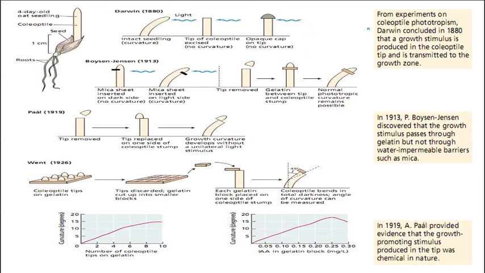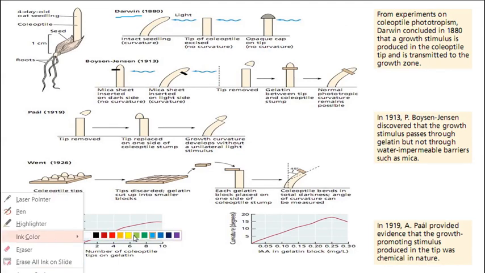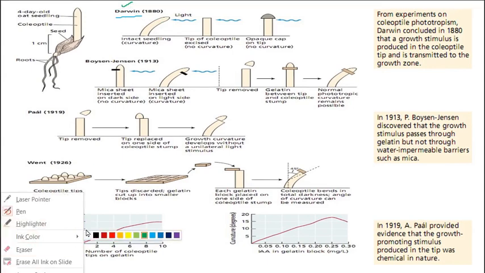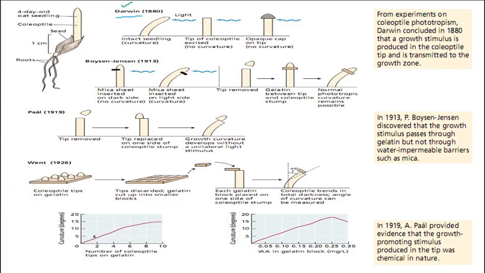So what he did, he took a few of the coleoptiles, he illuminated those coleoptiles, so the auxin started synthesizing, and he decapitated those. When he decapitated, he used those tips and placed them onto the agar block.